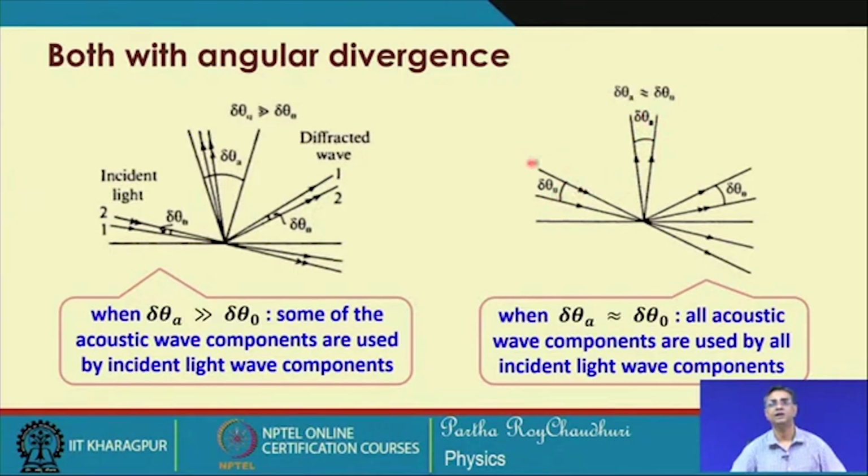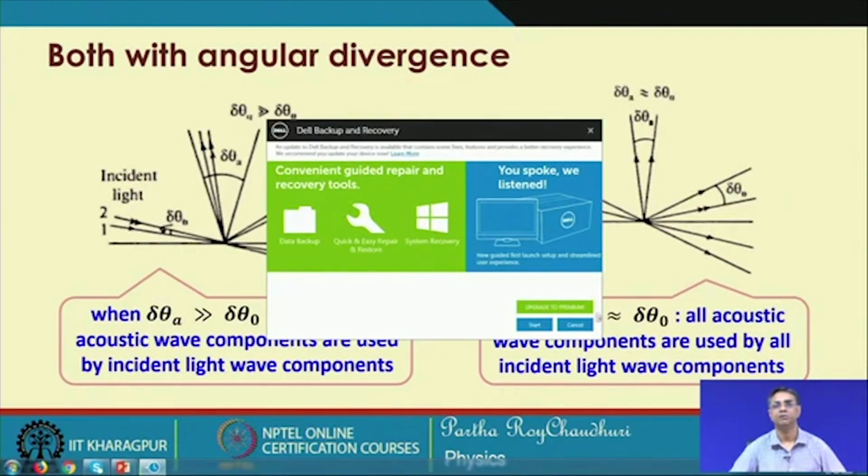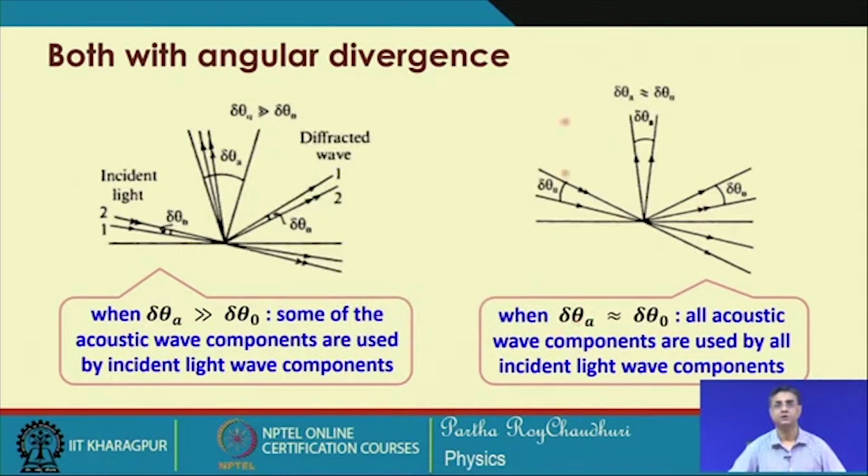So, that all the optical beam components will be utilized by these acoustic plane wave components to give Bragg satisfied diffraction of the beam. That tells you that this acoustic wave angular width must be more than or approximately equal to the angular divergence of the optical beam.